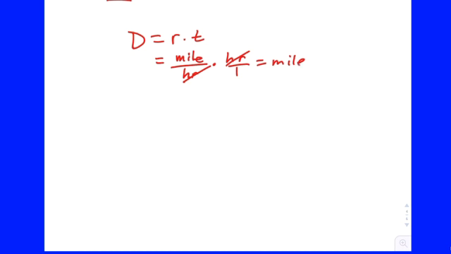When you're working with distances, like how far someone travels along an arc, you can't use degrees because distance is equal to rate times time. The units have to work out. A rate like miles per hour times time in hours, the hours divide out and you're left with miles.